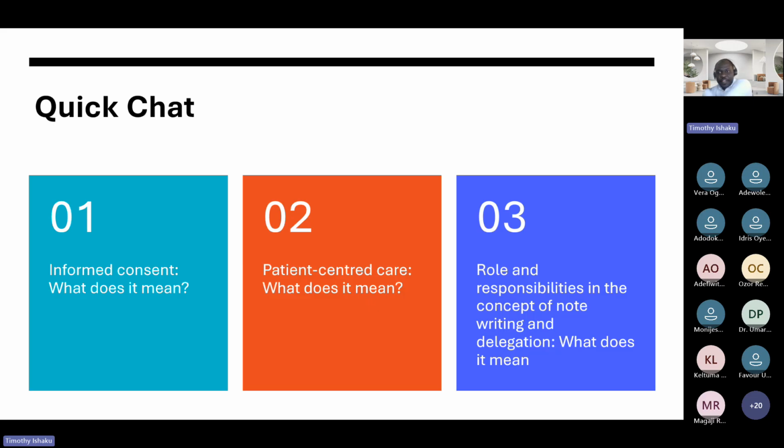So in summary, and thank you so much for the conversation. In summary, informed consent is a process by which a patient voluntarily agrees to a proposed procedure, intervention, treatment, or assessment after being fully informed about the nature of the treatment or process, the benefits of it, the risks and possible side effects, and what the alternatives are.